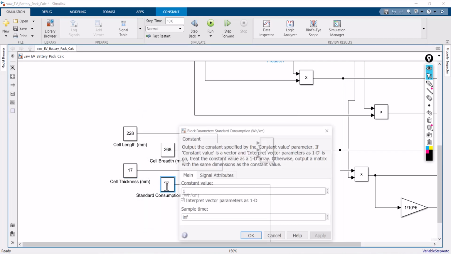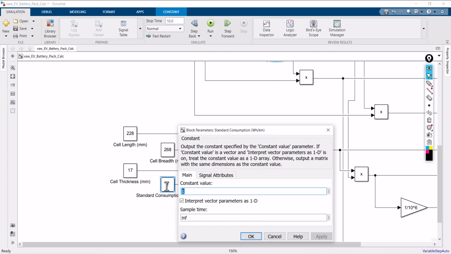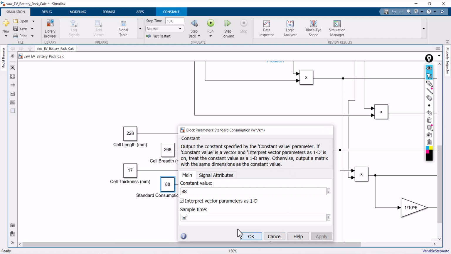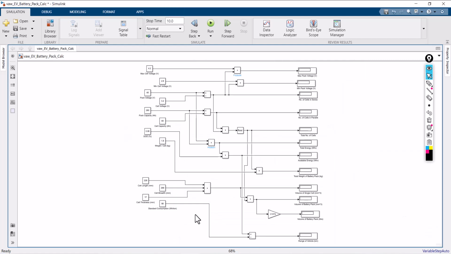And what is the standard consumption? It is 88 watt hour per kilometer. Now if you run this program, you can change the step time to 2. This is enough.